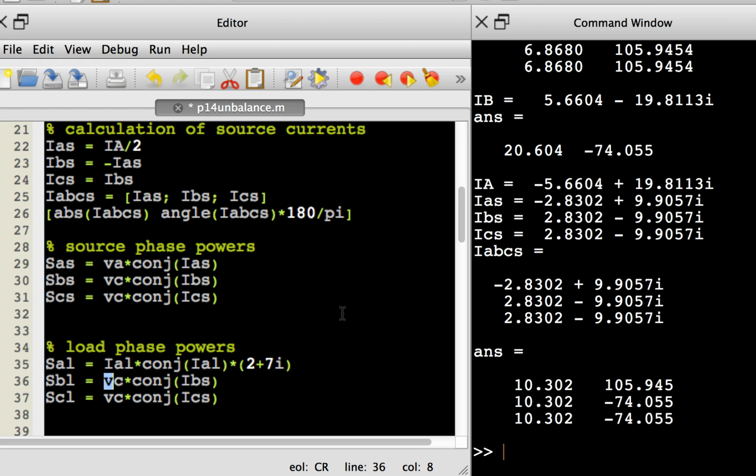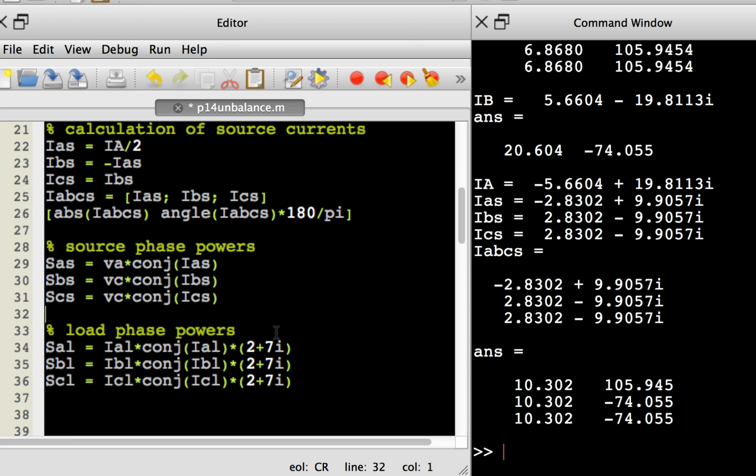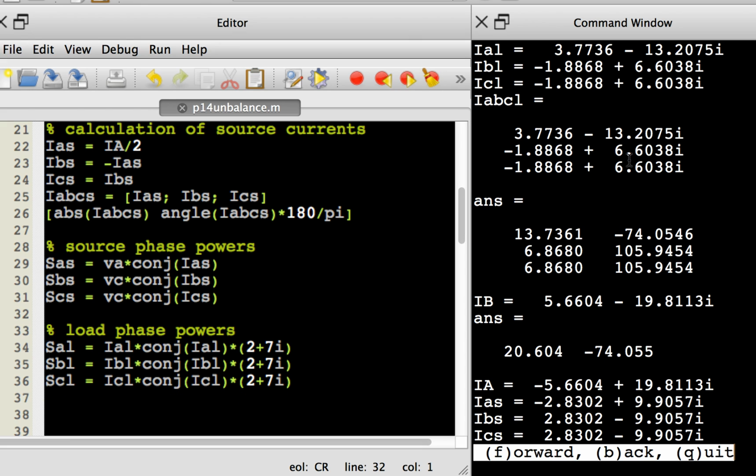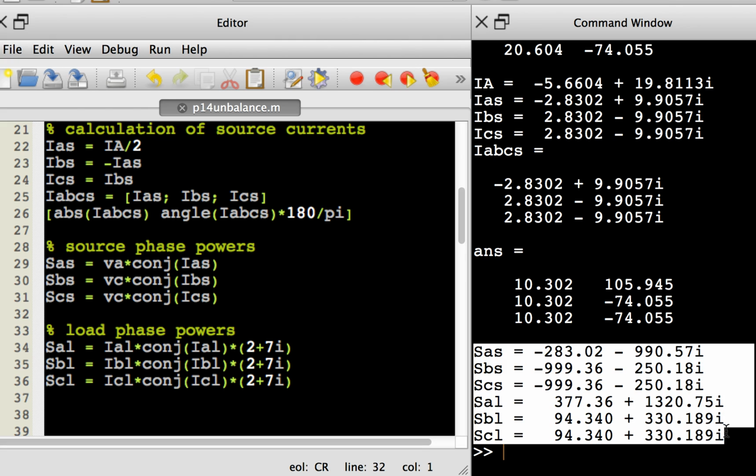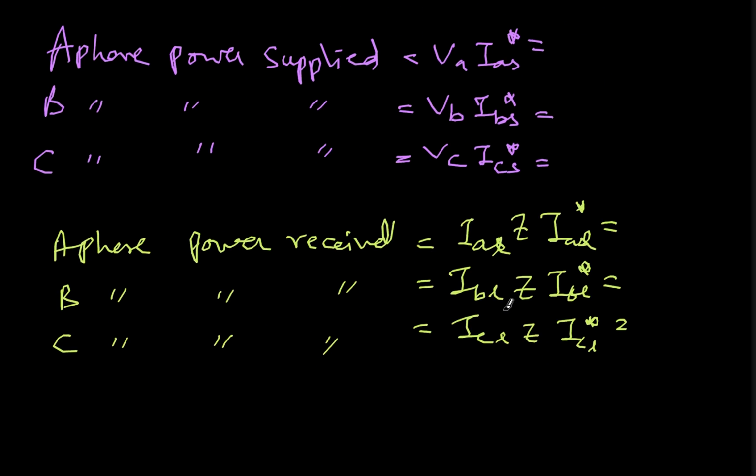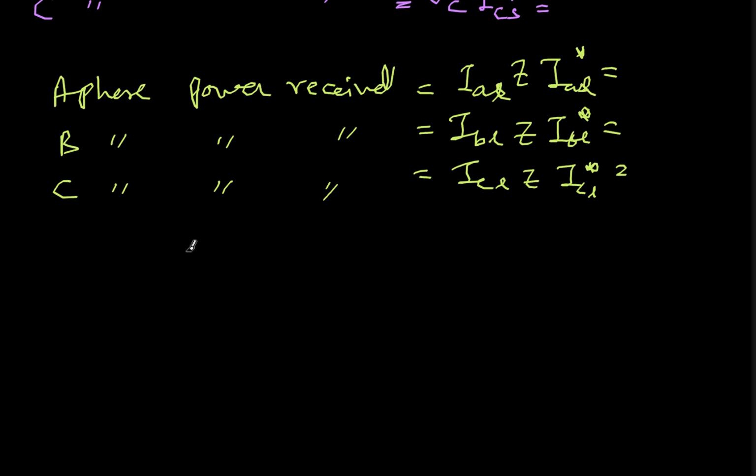So this term I will copy for the other cases. So this is BL and this is CL. Same thing what I have written on my blackboard, the same formulas I am entering into the MATLAB code here. I just execute it. So here I get all the solutions. So let me paste it here.